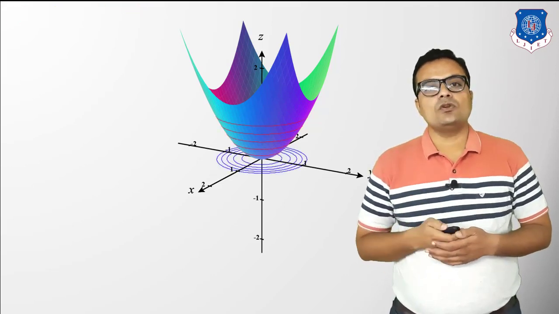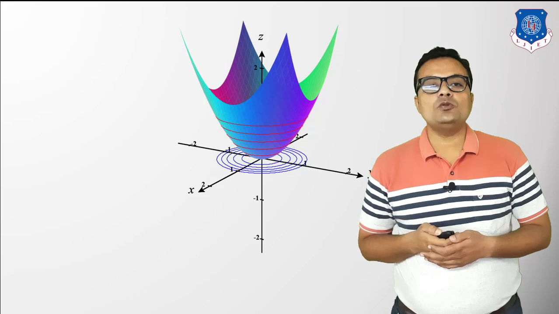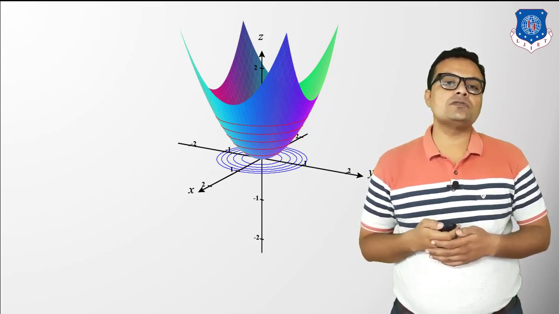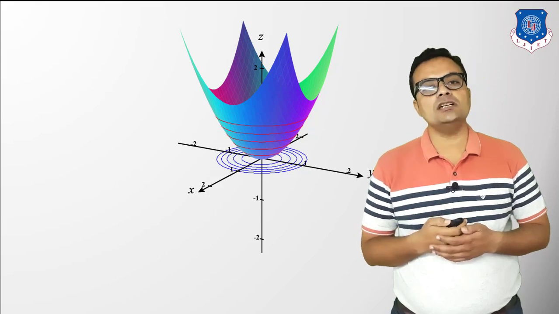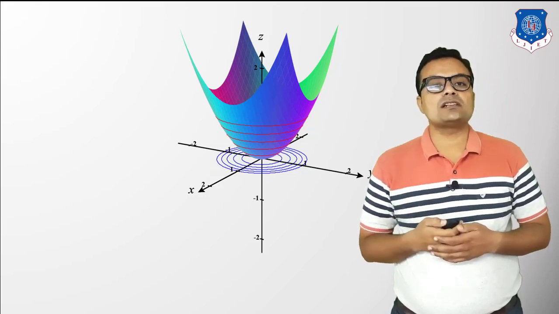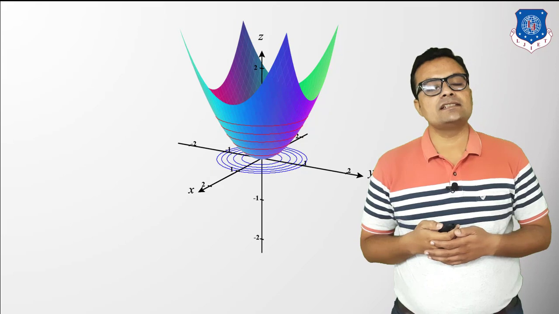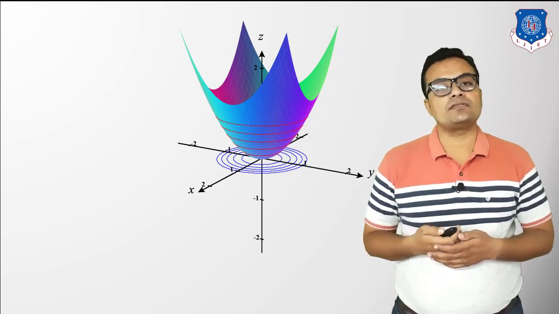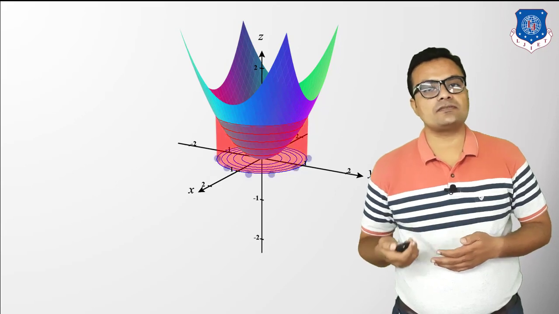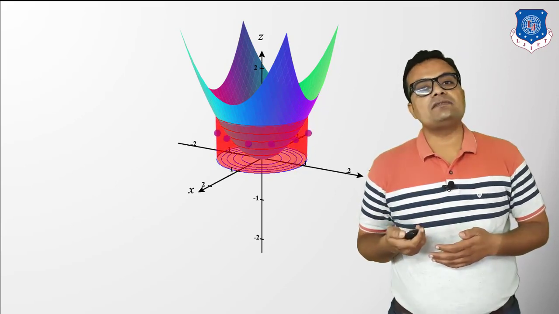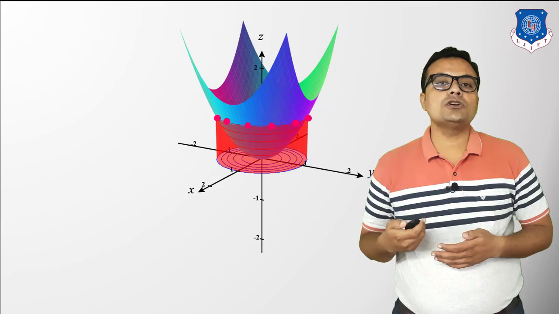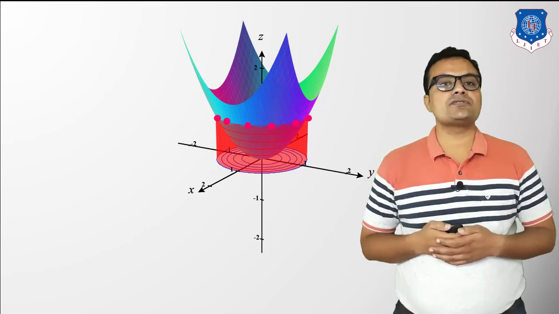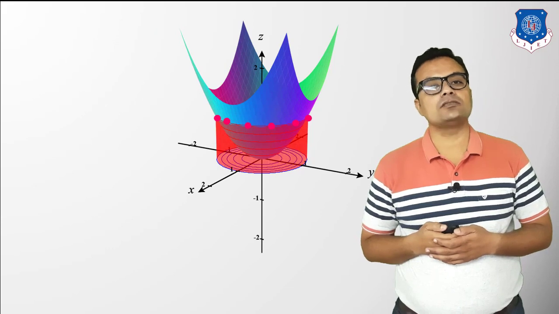In this case, if I take input from the blue circles on the xy plane, the corresponding outputs will be on the pink circles on the surface. Now these blue circles are known as the contour lines, and the pink circles are known as the level curves on the surface. For simplicity, if I take the points from the outermost circle in the xy plane, the corresponding points jump onto the pink circle on the surface.